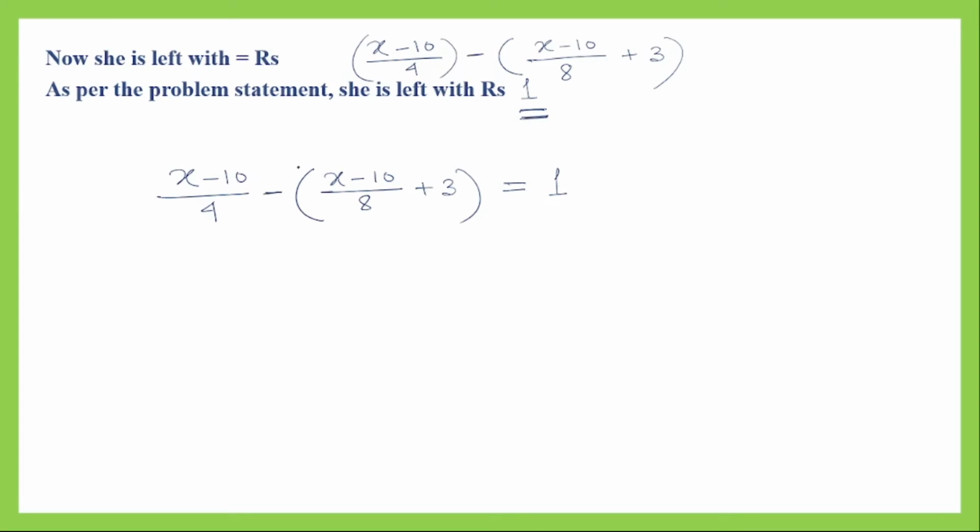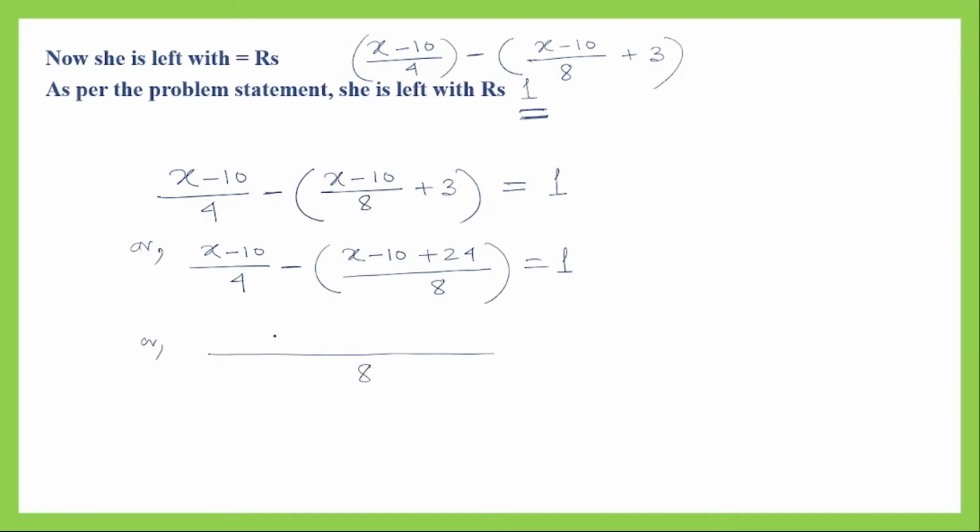So this is a linear relationship of x where the power of x is also 1. So this is a linear equation, and in this equation we have only one variable, and if we simplify it, definitely we are going to get the value of x. Now 4 and 8, if we take the LCM, then the LCM will be 8.